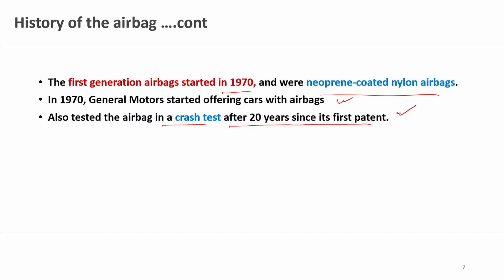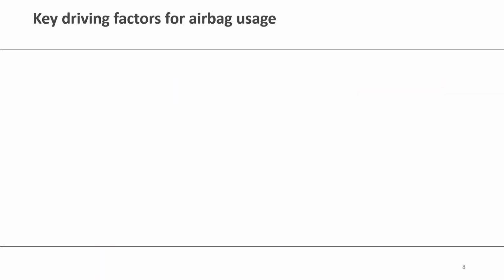So, first the patent was there, then a crash test was carried out. The key driving factors for airbag usage are, first, safety, to reduce the mortality by more than 80%.